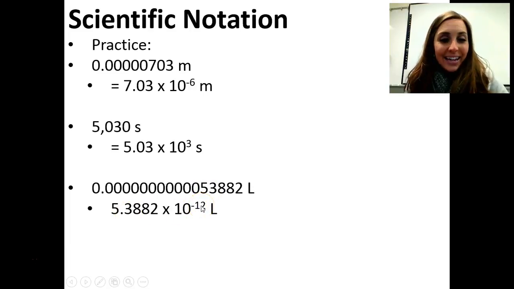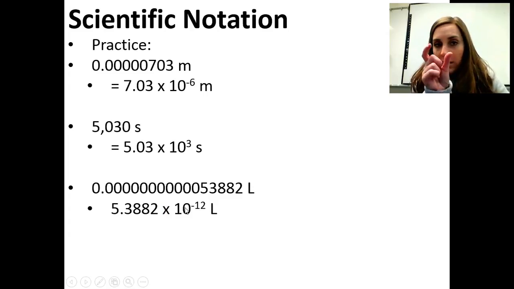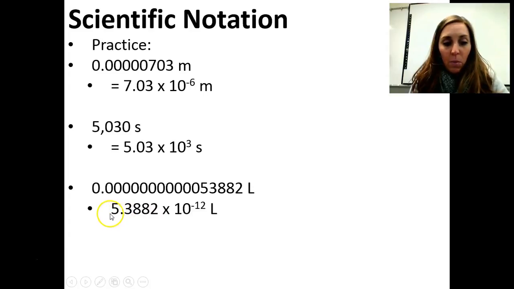I'm going to make it negative because 5.3882 would need to be divided by 10 12 times to make it smaller. Each time would make it smaller. So if I divide by 10, here's my once, 2, 3, 4, I'm moving my decimal, and I would move it 12 times to be way over here, and this would all fill with zeros to make my original number.